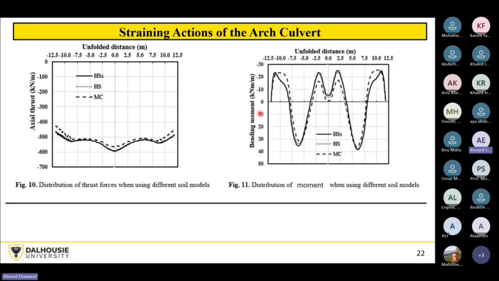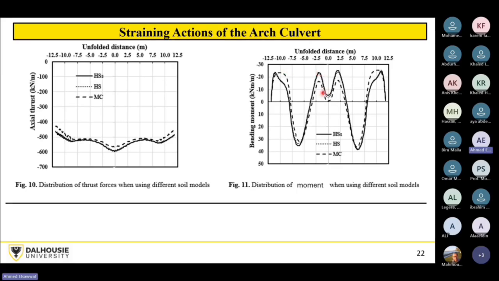For the bending moment distribution along the unfolded distance, this is a typical shape of the bending moment distribution at the final phase after imposing the live loads.